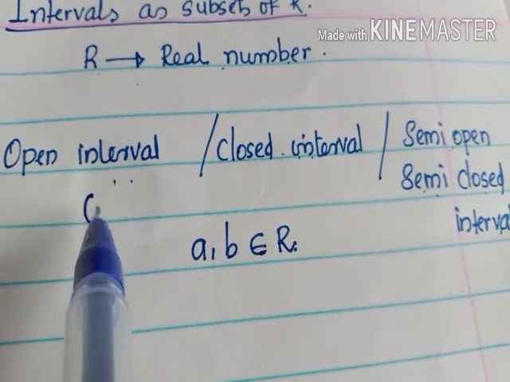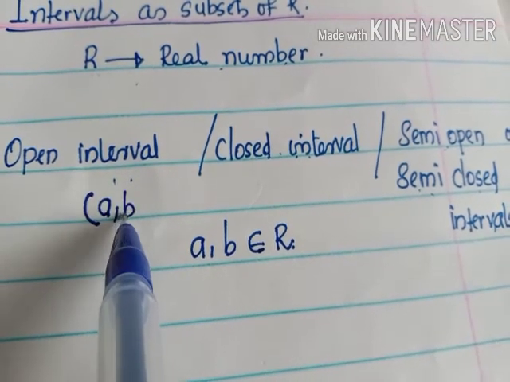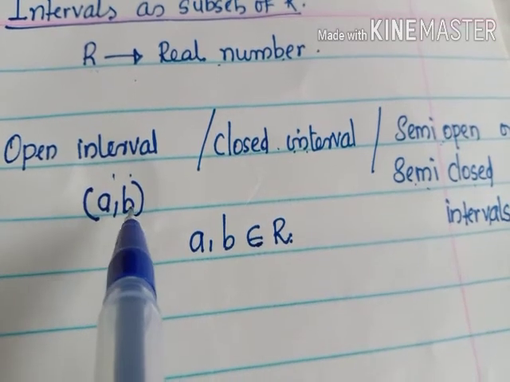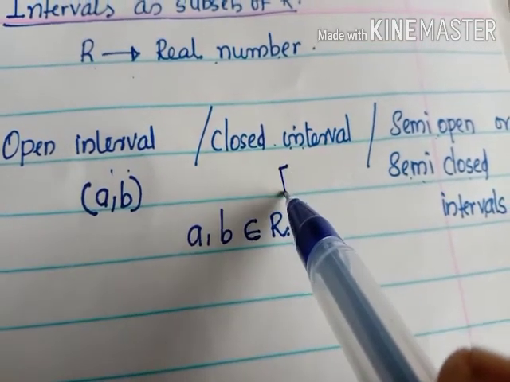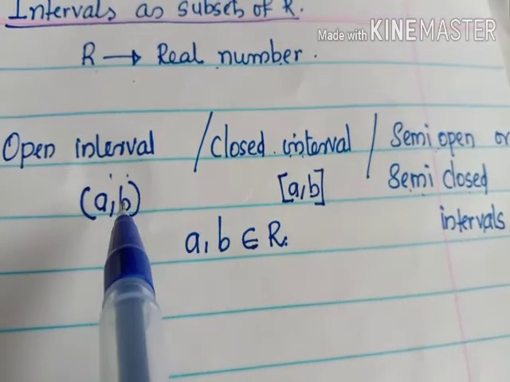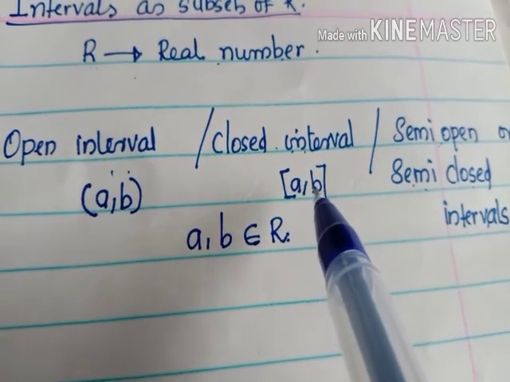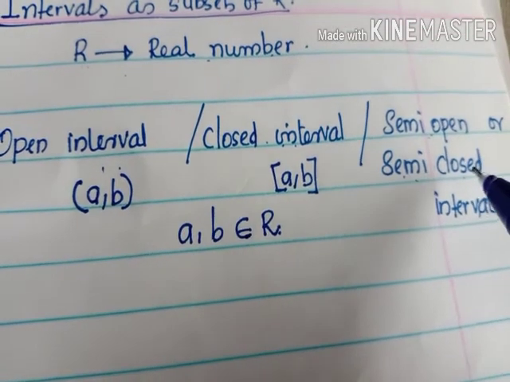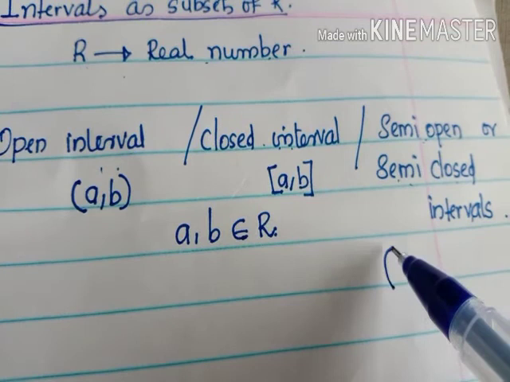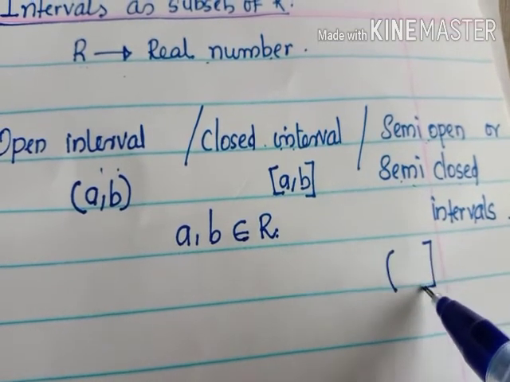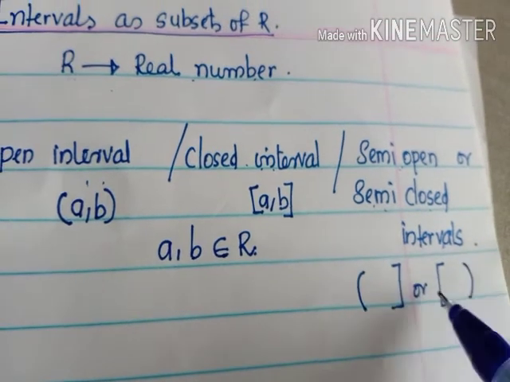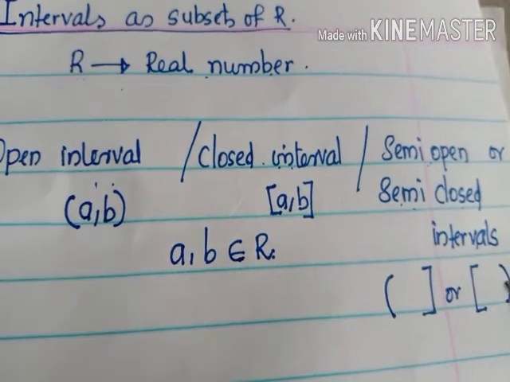We can write these elements in open interval form like this: open interval (A, B). Now the closed interval we can express using square brackets. The open one uses simple brackets and the closed one uses square brackets. Now semi-open and semi-closed: semi-open means one side is open and another side is closed.